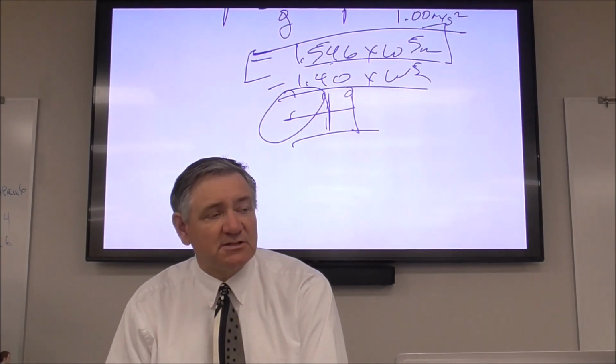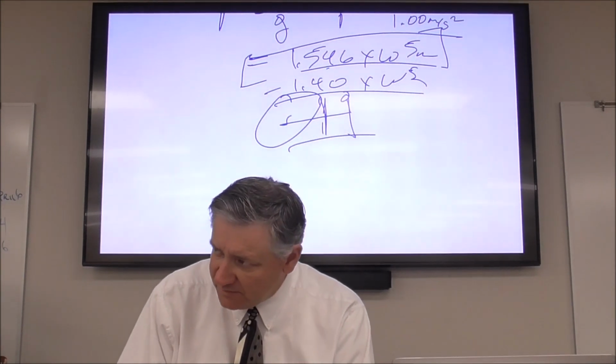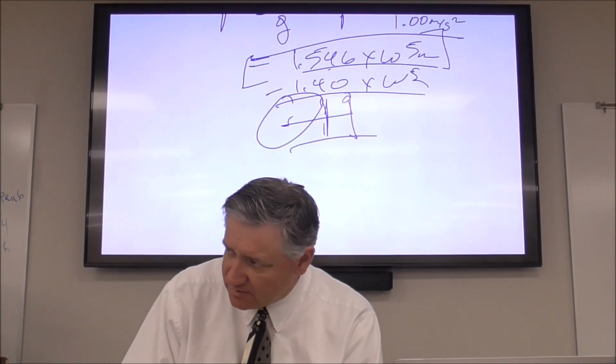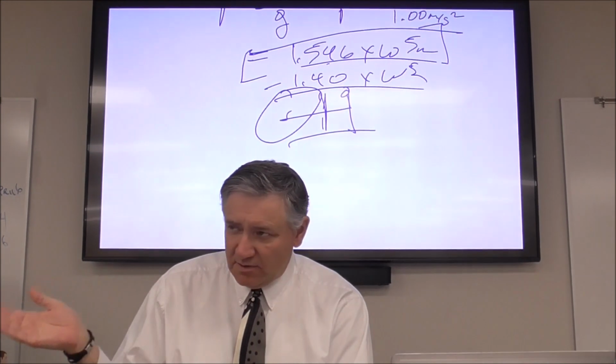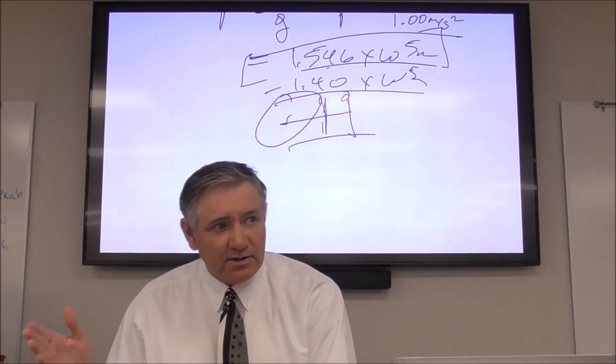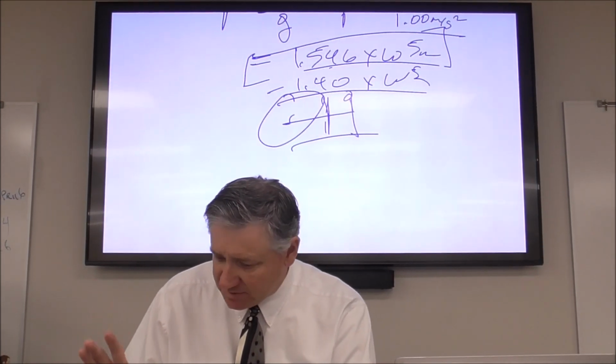So here's the story. When you see surface of the moon, surface of the earth, something like that, all that's saying is you're either going to add or subtract out the radius of that planet. It just depends upon the situation.